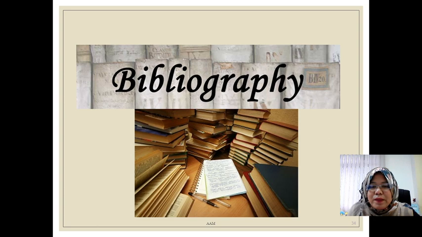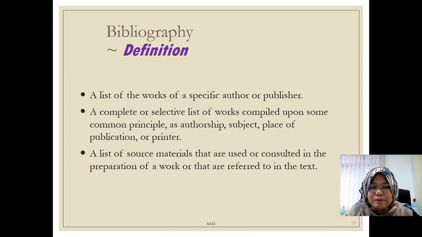Alright. Next is bibliography. It is a list of the works of a specific author or publisher, a complete or selective list of works compiled upon some common principle such as authorship, subject, place of publication, or printer. It is a list of source material that is used or consulted in the preparation of a work or that is referred to in the text.